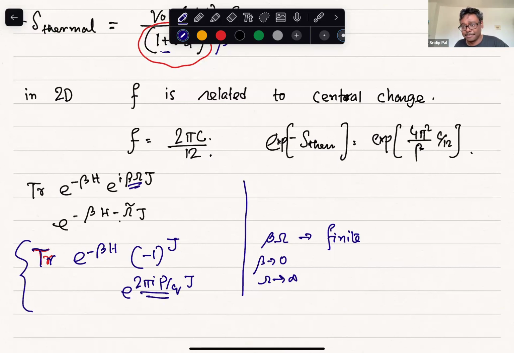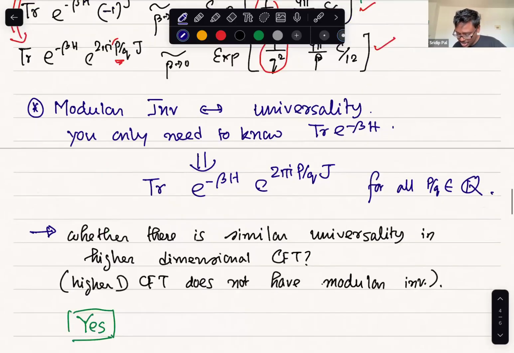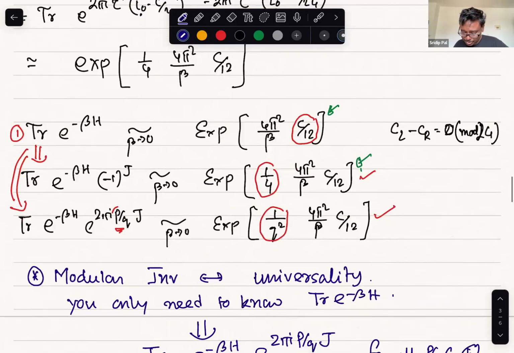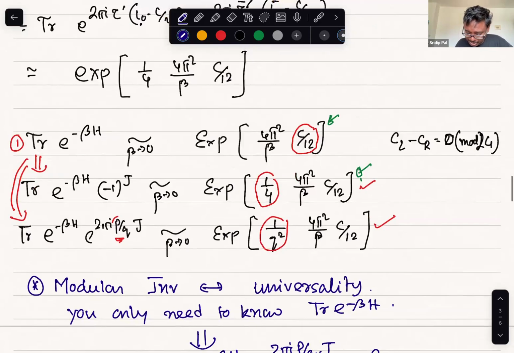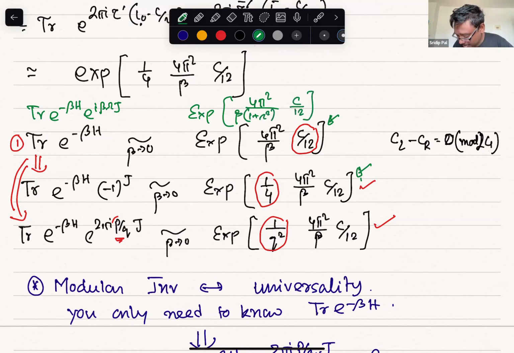to derive expressions for these quantities. And this is also clear in 2D. In 2D, instead of computing this, you could have computed the following quantity: trace e power minus beta h, e power I beta omega j. Then the answer would have been exponential 4 pi square over beta, 1 plus omega square, c over 12.